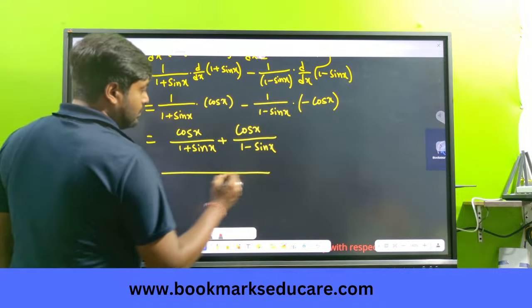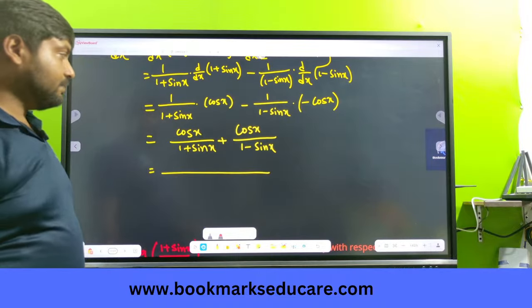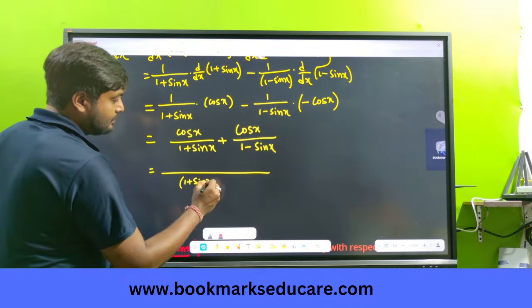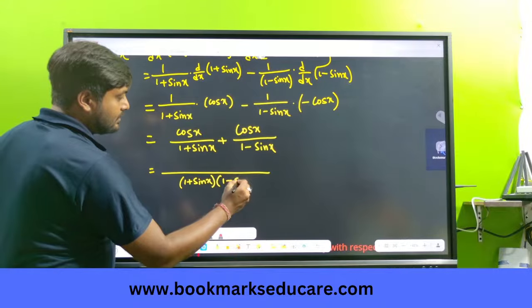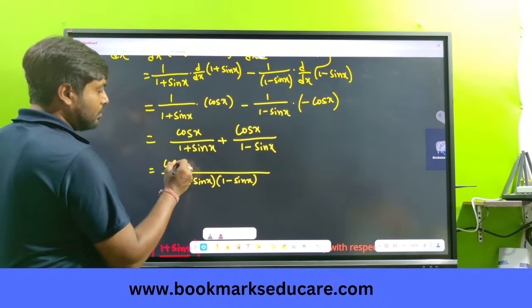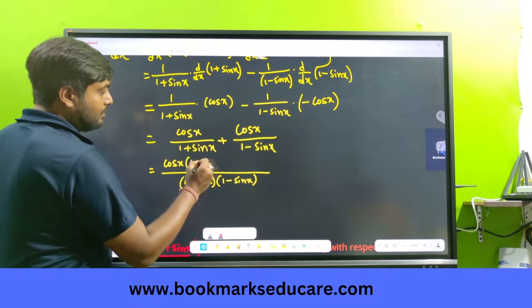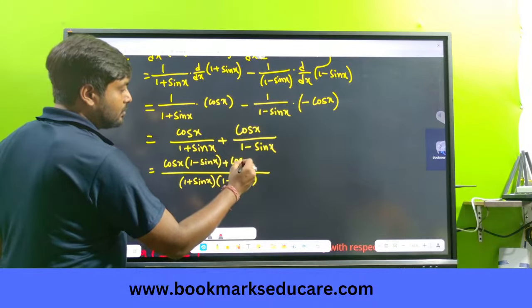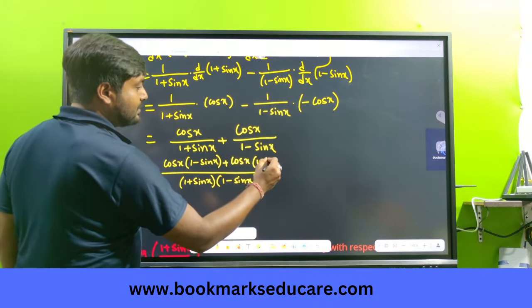Now we will add these fractions and we will get (1 plus sin x) into (1 minus sin x) in the denominator, and the numerator will be cos x into (1 minus sin x) plus cos x into (1 plus sin x).